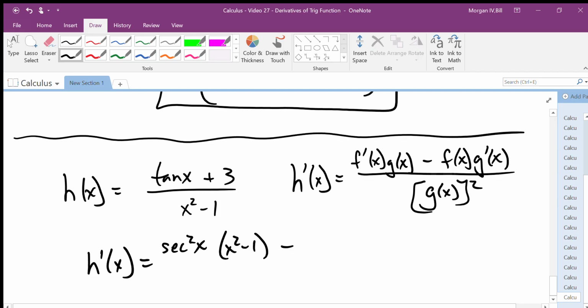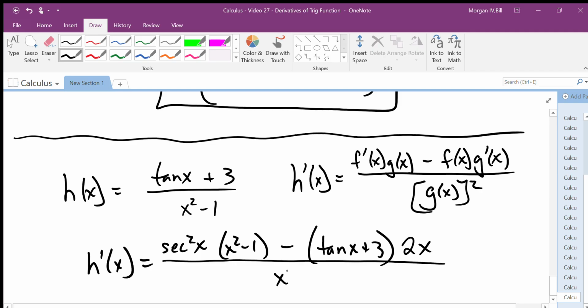So the derivative of tangent of x plus 3 is secant squared of x, times the denominator, x squared minus 1, minus, leave the numerator, tan x plus 3, times the derivative of g. The derivative of the denominator is 2x, over x squared minus 1 squared.